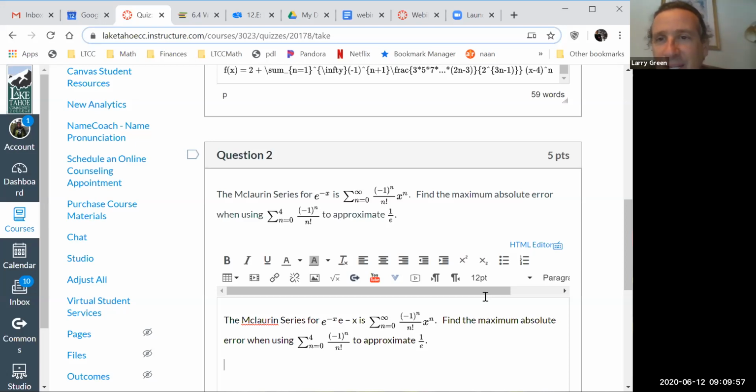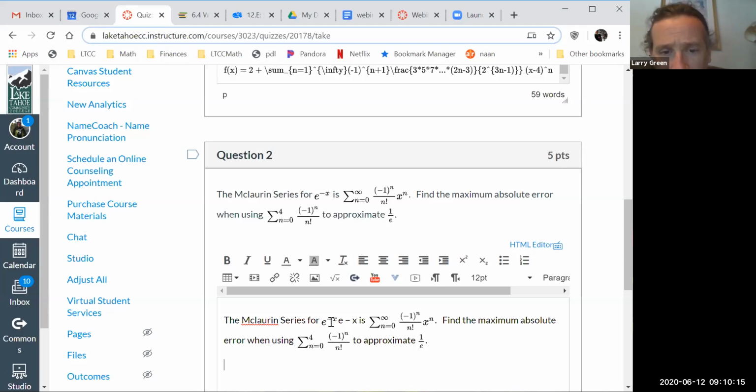I don't see you all jumping in. Yeah. So you look at the maximum of actually the next term. Okay, so we're going to look at the next term, and we can take an absolute value of that. So the -1 to the n goes away.